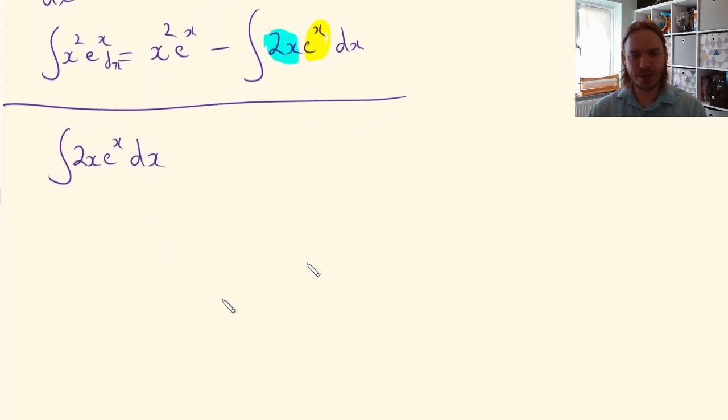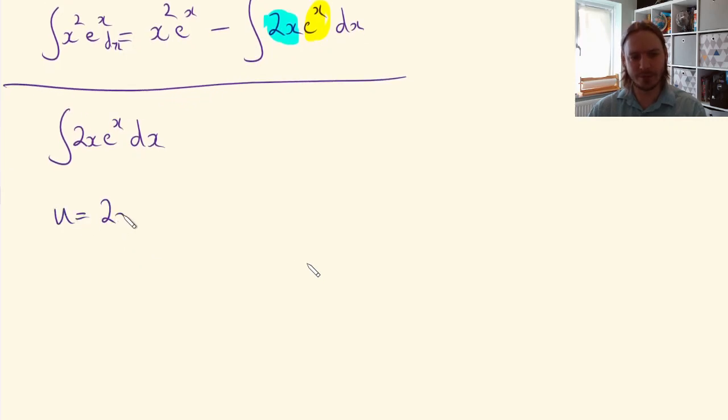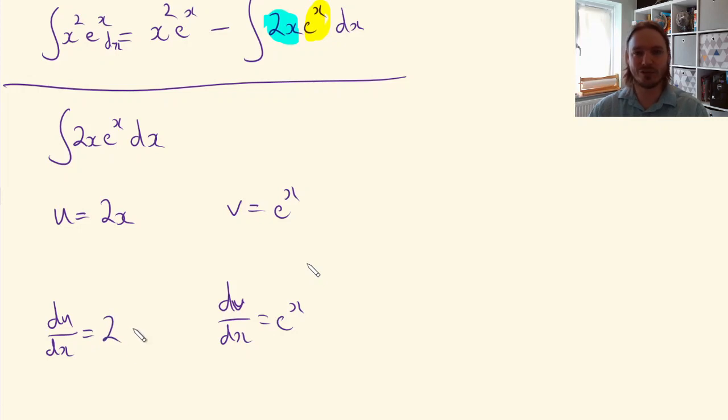If we begin again, I can say, well, u is 2x, v is e to the x because our dv by dx is e to the x, and when we integrate it doesn't change anything, and du by dx, this time it's just 2. So that means that this thing is equal to uv, so 2x e to the x, minus the integral of 2 e to the x. And that I absolutely can integrate because it's just a multiple of e to the x.